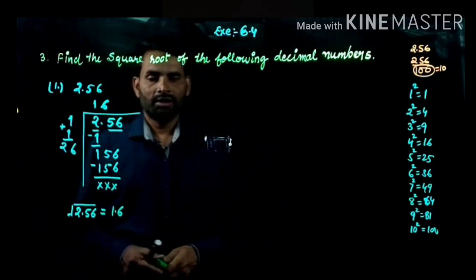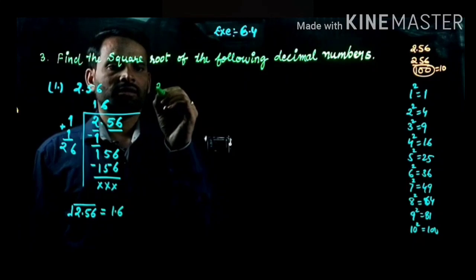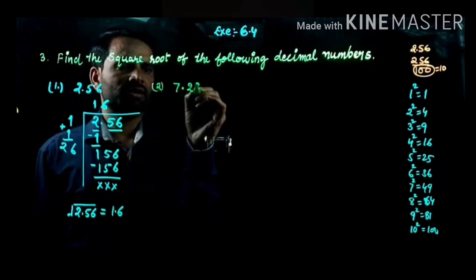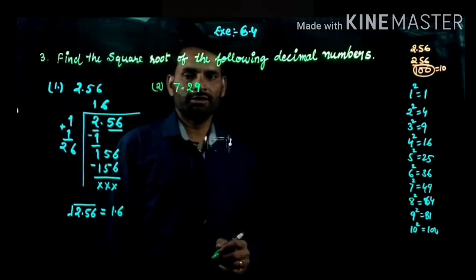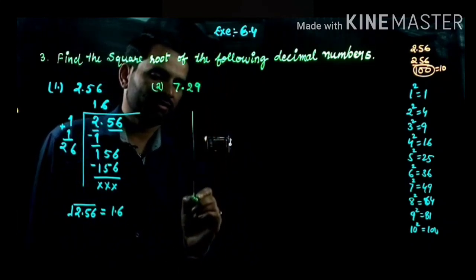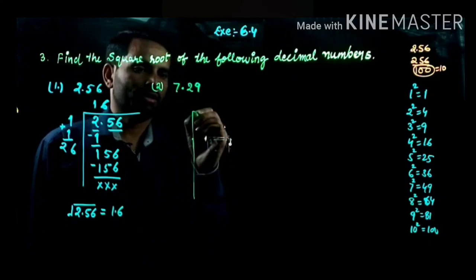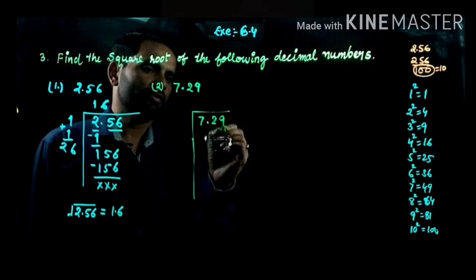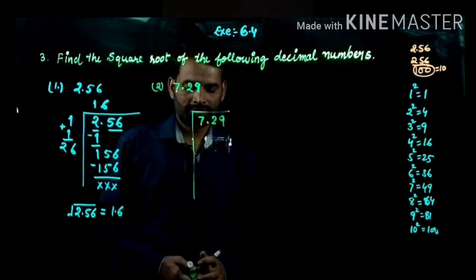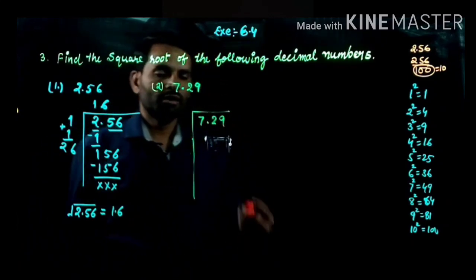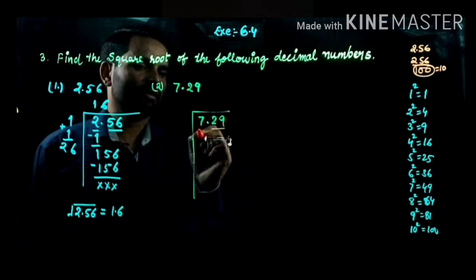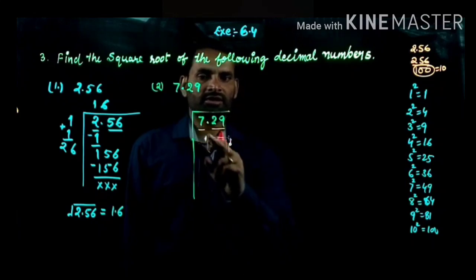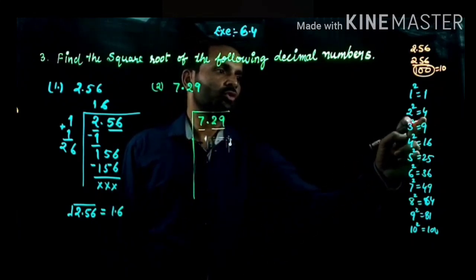Okay, and the next question, the second, is 7.29. Okay, same method. 7.29, and make a pair. 29 is the first pair and 7 is the second pair, then 7 will come between 4 and 9.